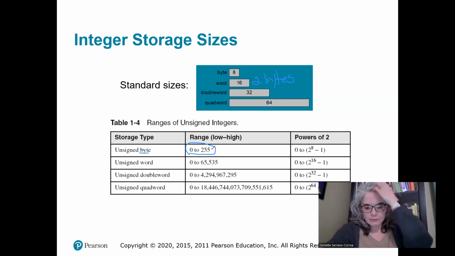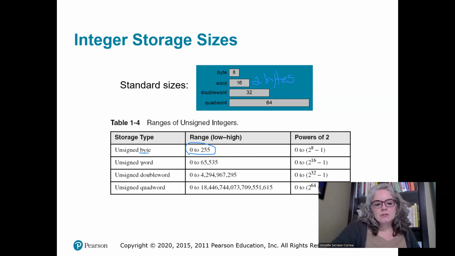And it's going to overflow. So if you want a number that's bigger than 255, then you're going to have to use the unsigned word storage. And that can go all the way to 65,535. Now, I'm not going to make you know these ranges, but we are going to work with this size a lot.